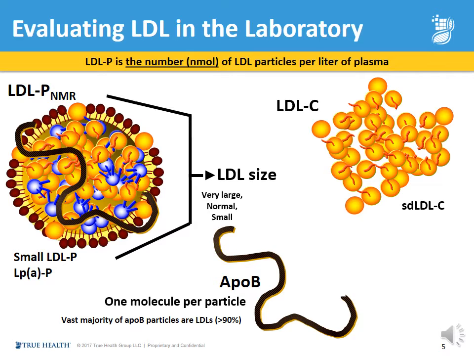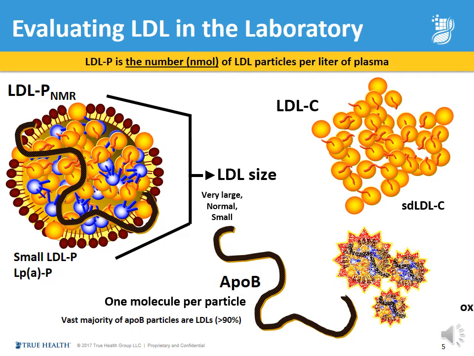And of course, laboratories can provide a measure of the cholesterol content of the small, dense LDL particles, which is a clinically useful tool to ascertain whether insulin resistance is present or not. Of course, the only LDLs that get ingested by arterial wall macrophages are oxidized LDLs, and that is a metric that is available nowadays.